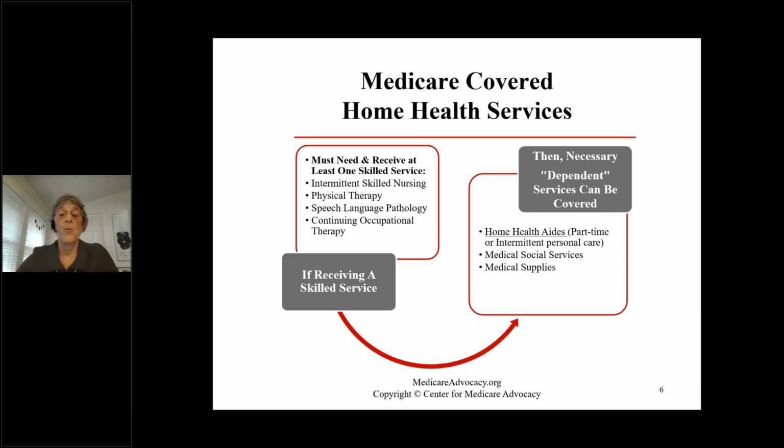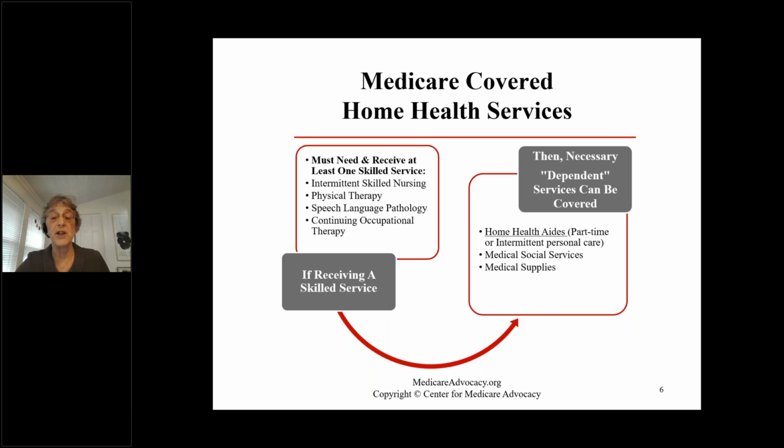On to the next slide to discuss further about coverage. Medicare coverage, when available, as I said, requires that the individual must need and receive at least one skilled service, and that would include skilled nursing, physical therapy, or speech-language pathology services. As Sharmila and Ciera will tell us, unfortunately, occupational therapy will not, what we call, trigger the whole array of home health care to begin, but occupational therapists can set out and start the service, but it won't be enough to continue care and get it in place.